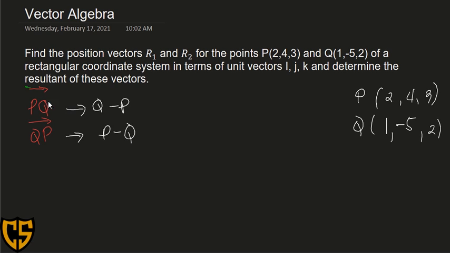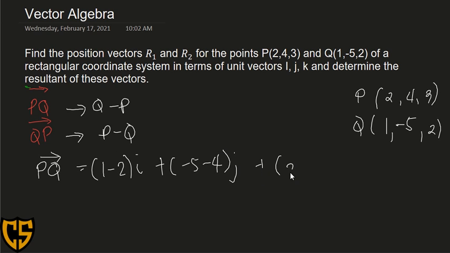For the PQ vector, we will have Q minus P: negative 1 minus 2 is negative 3... for I, then for J, 5 minus 4, and for K, 2 minus 3. So our answer will be negative I minus 9J minus K. So that is our first vector.